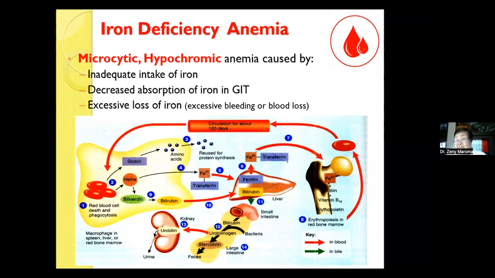Kaya basta nag-bleed, si mother ng anak and postpartum bleeding will have iron deficiency anemia. Kaya parte nga po ng prenatal care. Kasi expected natin na mga anak si mother will have postpartum bleeding. Kaya bibigyan na siya ng prophylactic dose of iron like Feosol tablet. All right.